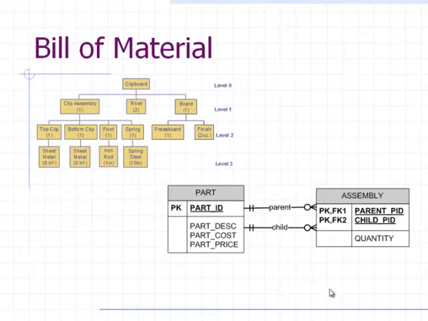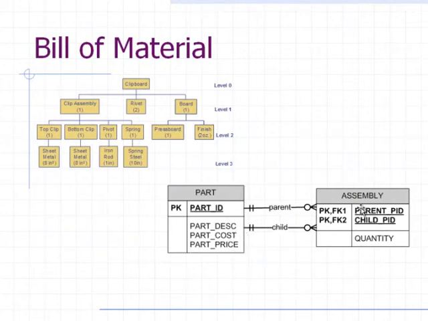There is a course, students, and there is enrollment. But in that case, course is a separate entity and students is another separate entity. However, in this case, physically we have only one part entity, but conceptually we divide it into two entities, parent and child.